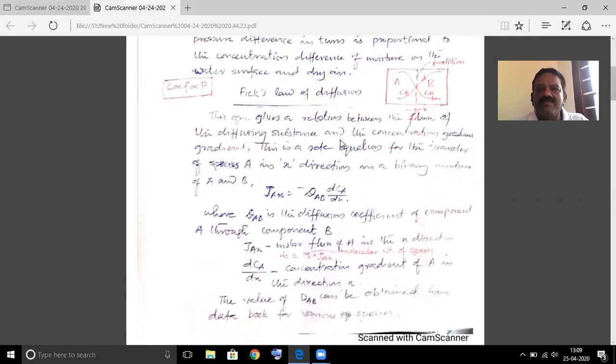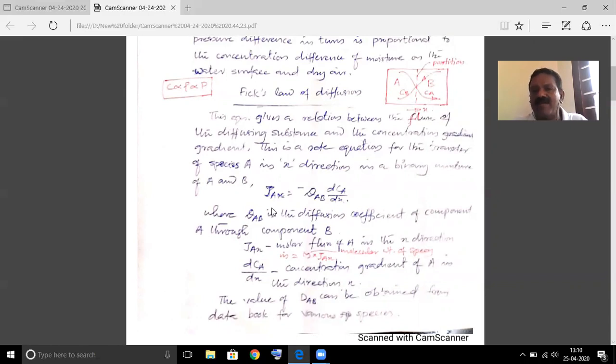Now, we will discuss a very important law, that is Fick's law of diffusion. Fick's law of diffusion states that the molar flux, molar mass transfer, we call it the molar flux. Molar flux means number of molecules per unit area.